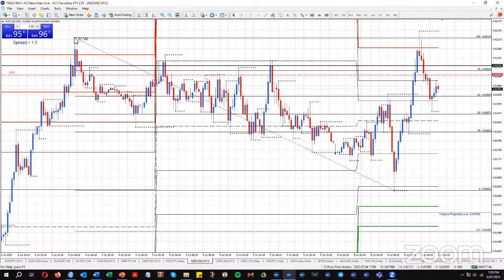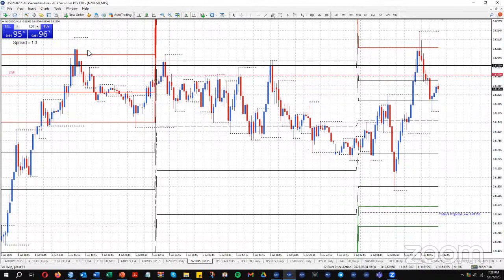We have come up and tested both highs. What I was emphasizing this morning was that the level to watch was 62, pretty much 6200 up to 6203.